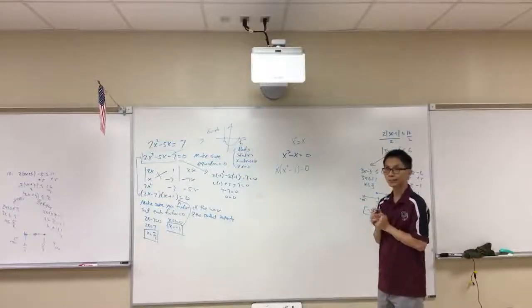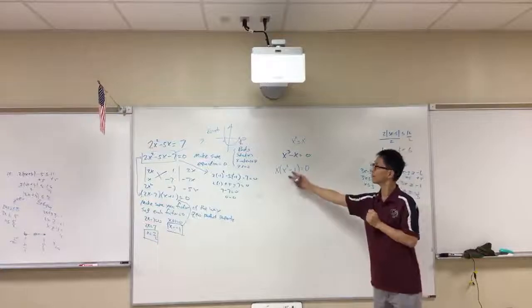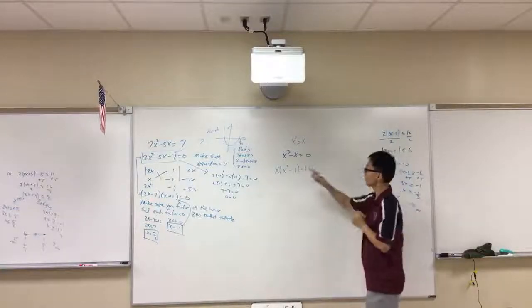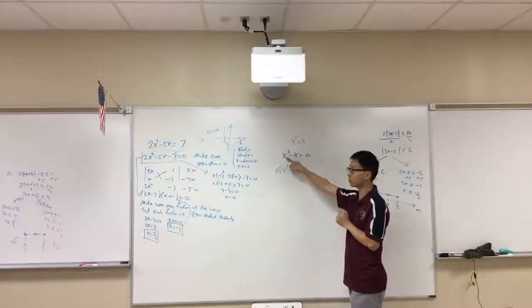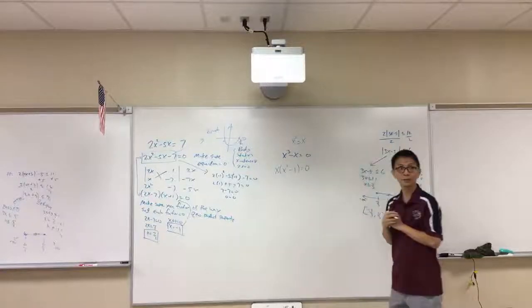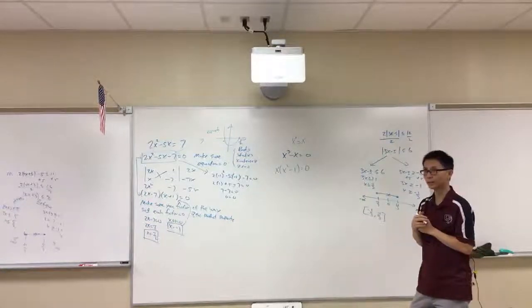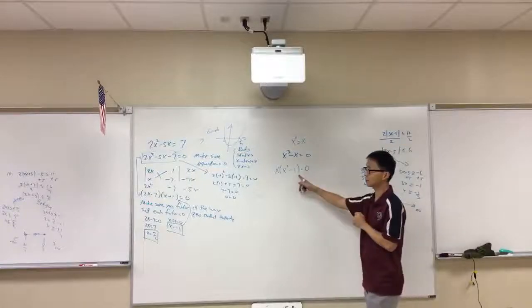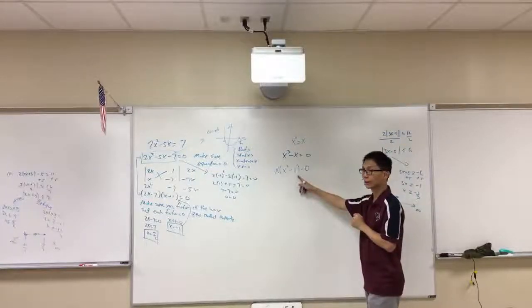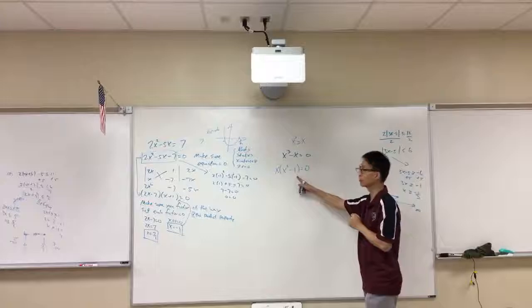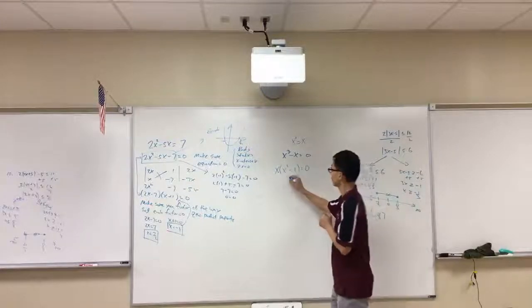And what do you do next? Because you take out x times x squared equal to x to the third, right? X times 1 equal to negative x. You have to have a 1 there. And what do I do now? Factor. What is this?